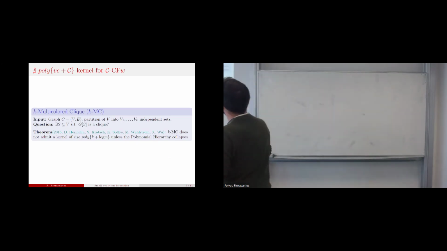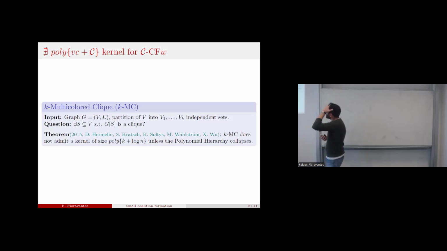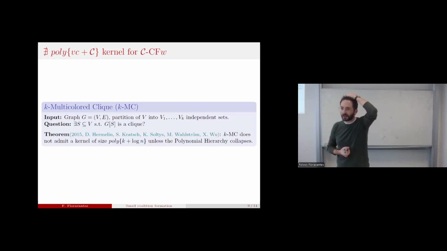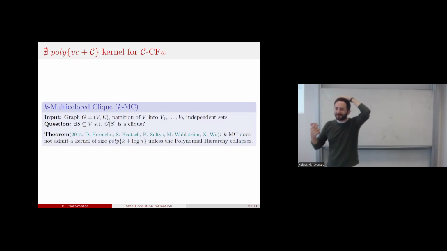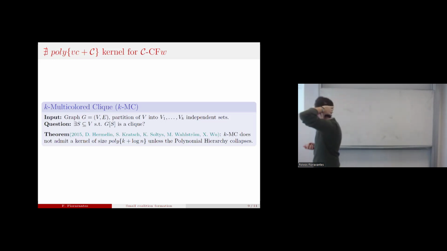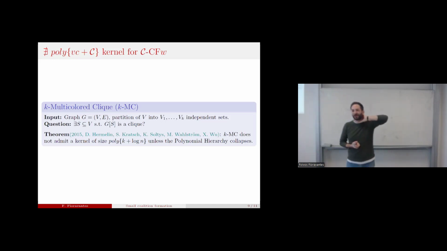So, we will show that there is no polynomial kernel for the weighted case with respect to vertex cover plus the size of the rooms. Sorry, I keep saying cars because at the beginning we were thinking about this problem with cars. Sorry. So we will do a reduction from the K multicolored clique, a careful reduction, let's say.